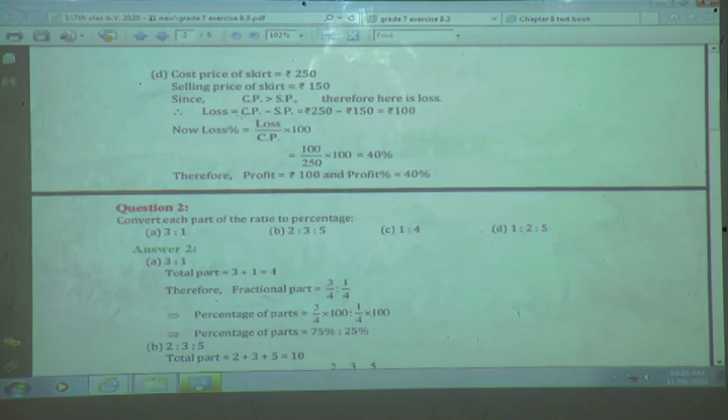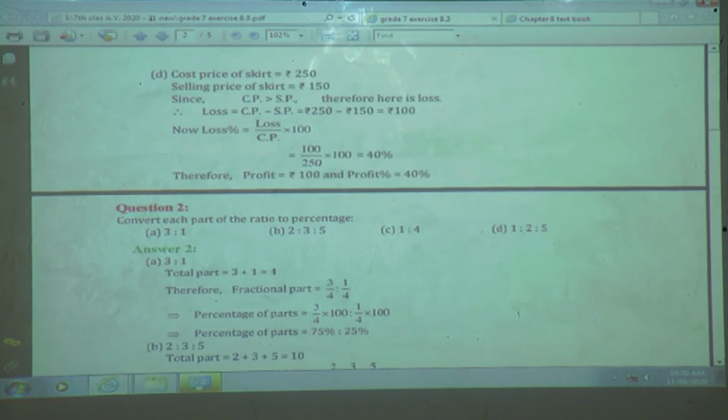So loss is equal to CP minus SP, which is equal to rupees 250 minus rupees 150, which is equal to rupees 100. So there is a loss of rupees 100 on selling the skirt at rupees 150. Now we have to find the loss percent. Loss percent is equal to loss upon CP multiplied by 100.